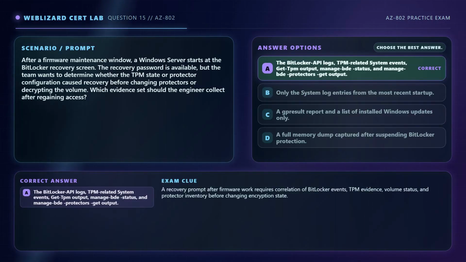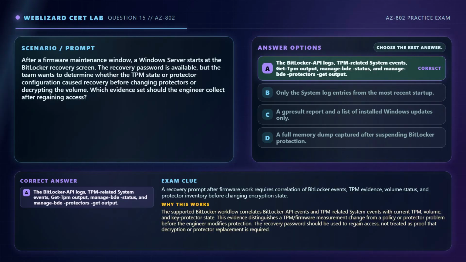The correct answer is A. The BitLocker API logs, TPM-related system events, Get-Tpm output, manage-bde -status, and manage-bde -protectors -get output. The supported BitLocker workflow correlates BitLocker API events and TPM-related system events with current TPM, volume, and key protector state.